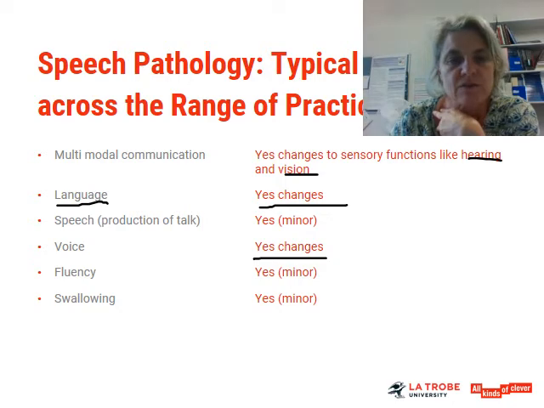And there are minor changes in speech fluency and swallowing. But the main ones that really impact on communication generally are the hearing, the vision, which we haven't talked about, and the language.